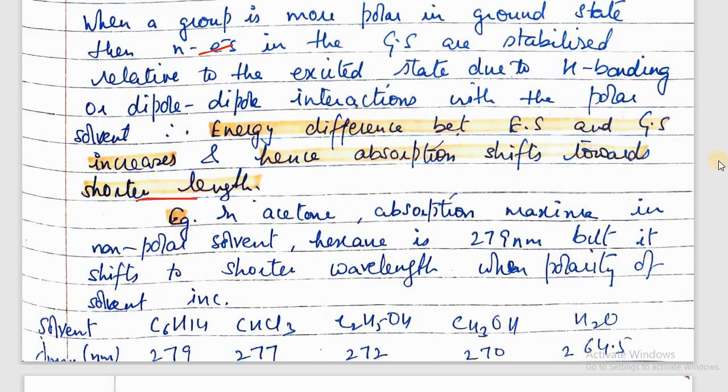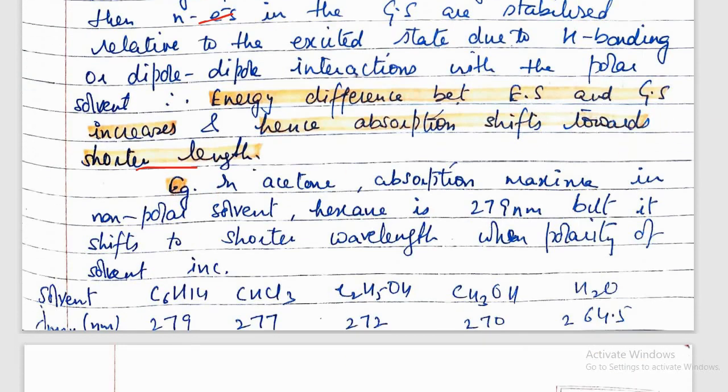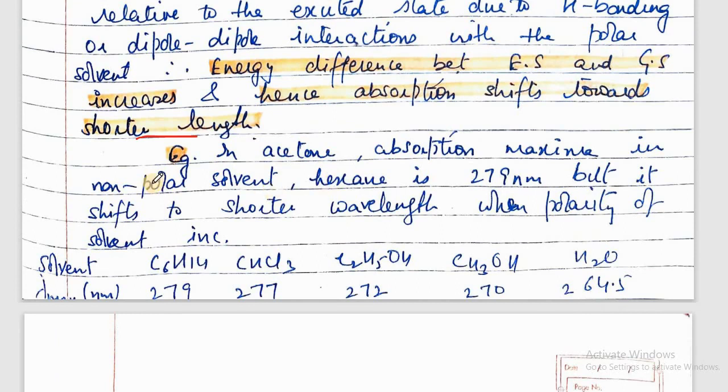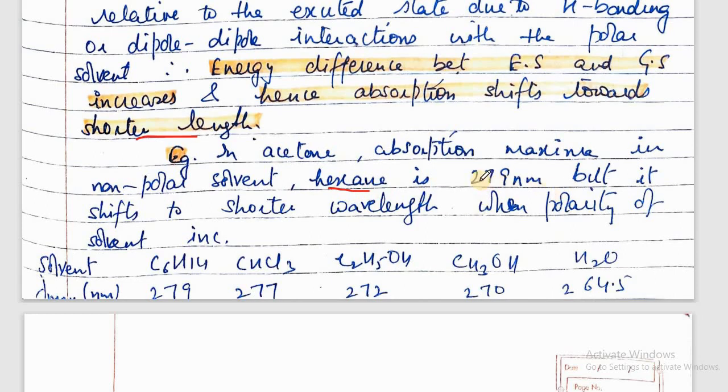Example: when acetone is dissolved in a non-polar solvent, that is n-hexane, the absorption takes place at 279 nanometer. But when it is dissolved in a polar solvent, the wavelength becomes shorter.